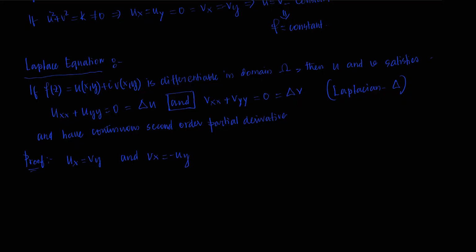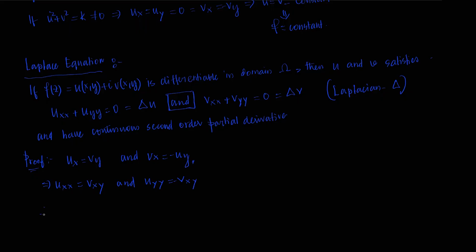So if ux equals vy, now let's say we take a partial derivative of this with respect to x, that will imply uxx equals vxy. And uyy equals minus vxy, from here, you take this with respect to y, so you get this.